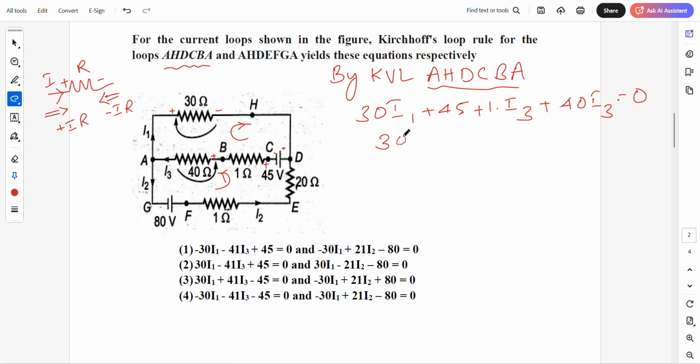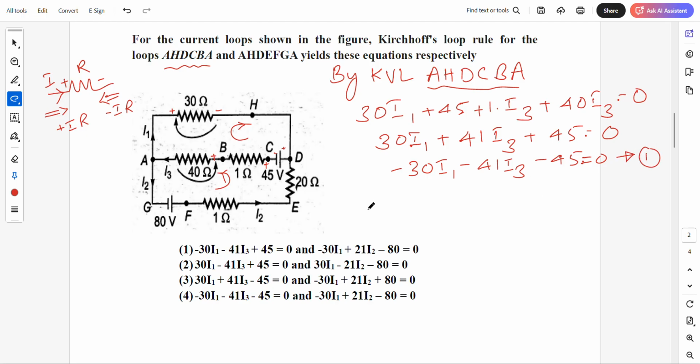Now write it down: 30 I1 plus 40 plus 1 is 41 I3 plus 45 is equal to 0. Understood. The same thing: minus of 30 I1 minus 41 I3 minus of 45 is equal to 0. Call this equation number 1.